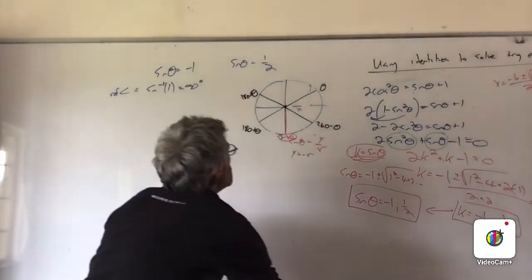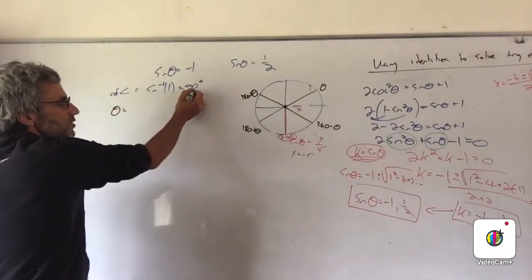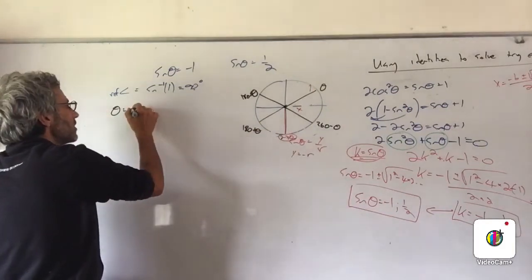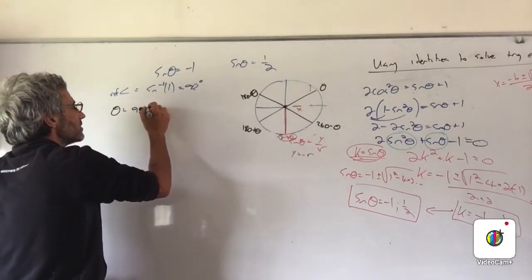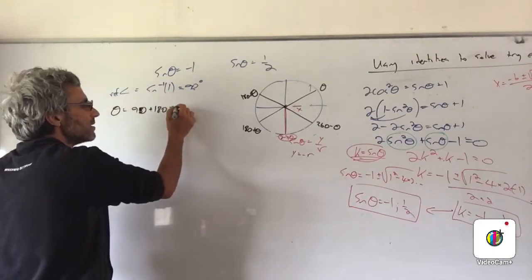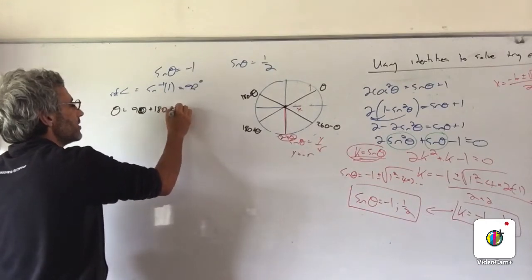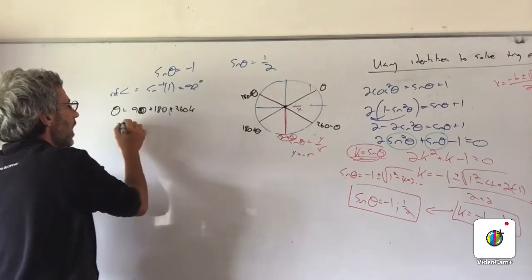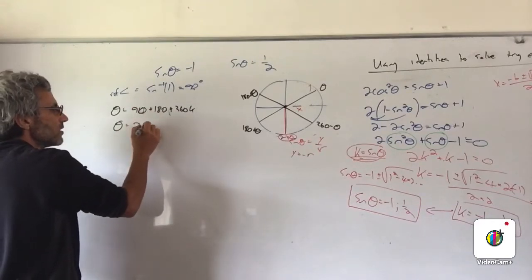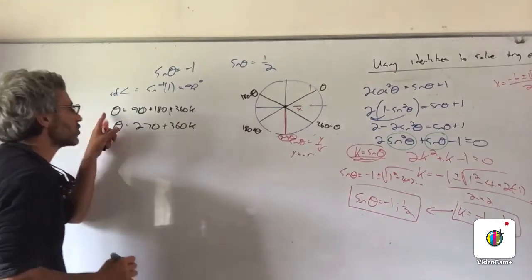How do I move from 90 to the third quadrant? What do I do? 180 plus, so 90 plus 180, plus 360k. Absolutely right. What is 90 plus 180? 270 plus 360k.